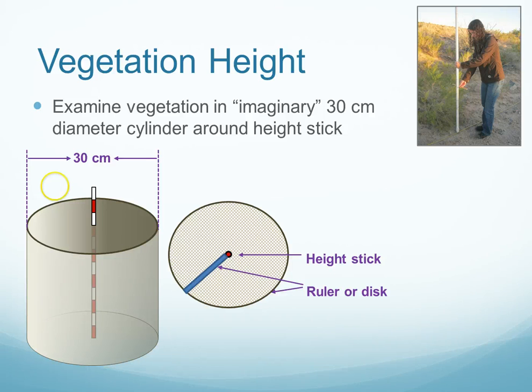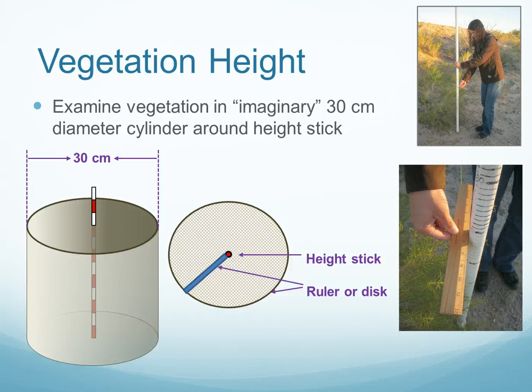We can either use a disc, kind of like a frisbee, with a hole cut out that can move up and down the height stick, or we can use a ruler that is either 30 centimeters in length or 15 centimeters if we're going to be looking at the radius. You can see here the observer is using a ruler that is 30 centimeters in length or 12 inches, and it is centered on the height stick.